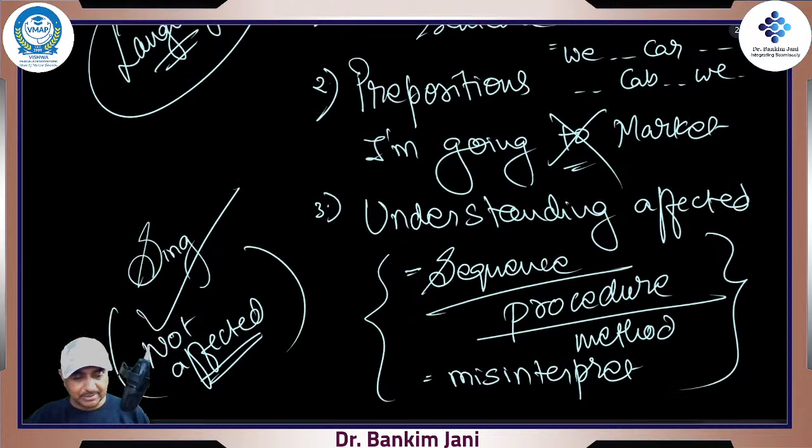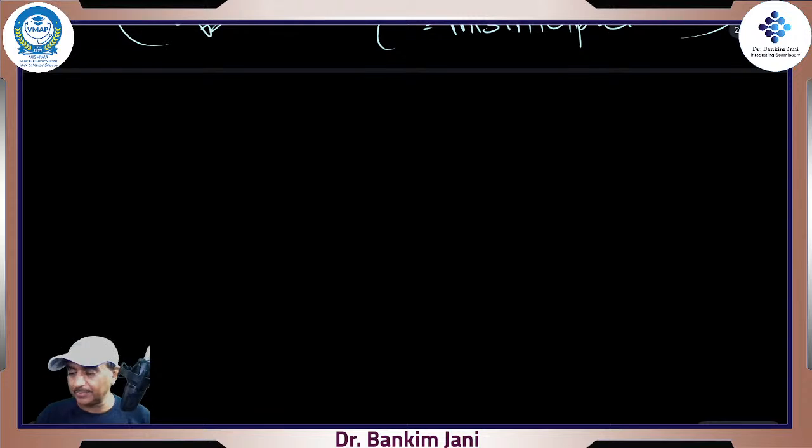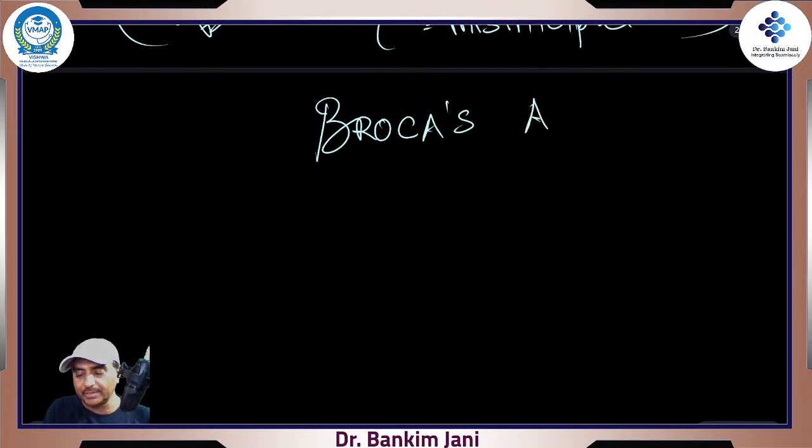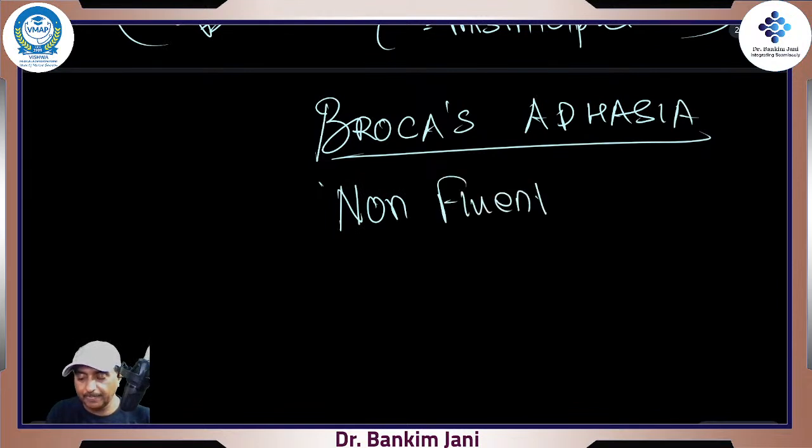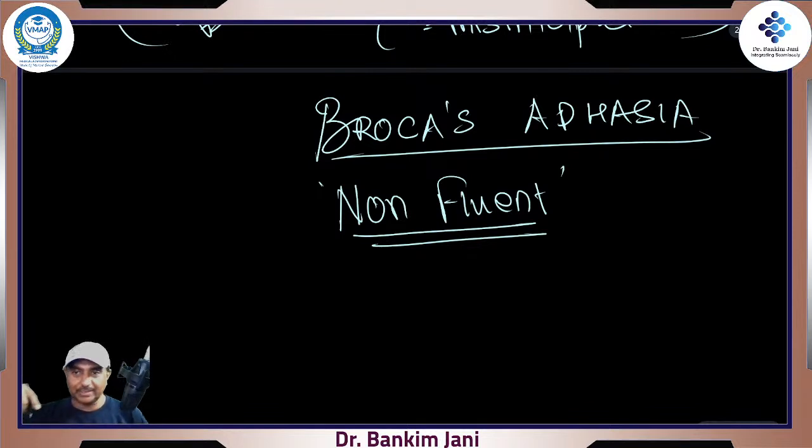And that's why this condition has been given a very typical name. See, Broca's aphasia. Aphasia means difficulty in speaking, or inability to speak. But this is also called non-fluent aphasia. When I say non-fluent, is there anything like fluent aphasia?